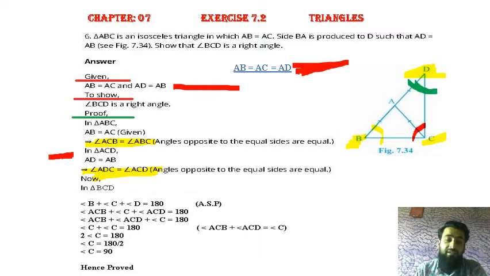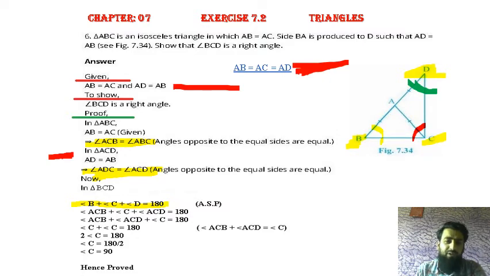These are the three angles of a triangle, and we know by the angle sum property that the sum of the three angles of a triangle is 180 degrees. So that is what I have written here: angle B plus angle C plus angle D equals 180 degrees.